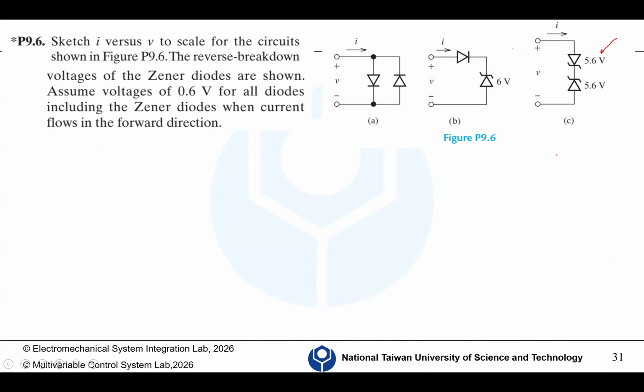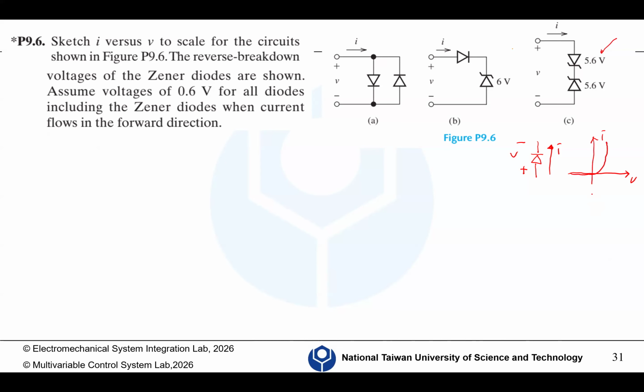To remind you again, this is the diode, and we usually assume the bottom of the triangle is positive, negative, and this is V, and this is I. If it's not ideal, we'll give you a VI curve.